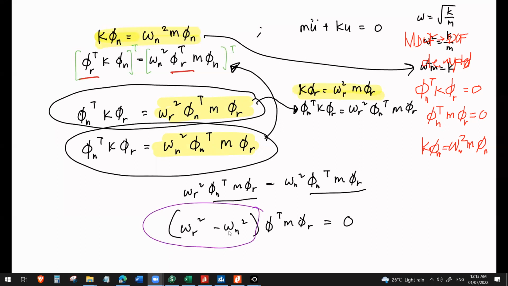That will not be 0. So therefore, this is equal to 0. Sorry, hindi ko nasulat yung ano. So that will be phi n transpose m phi r. Right? So which makes this formula correct.